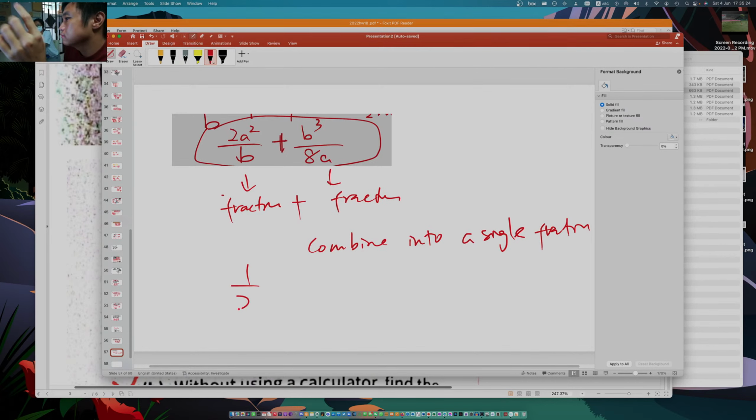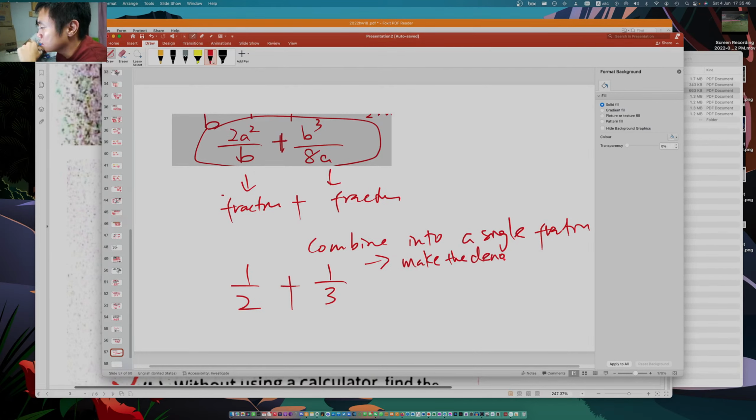So if I give you half plus 1/3, I think you have no problem combining these two fractions, right? How? You make the denominator the same. Very good. That is the key word. That means the technique to combine into a single fraction question, the solution is make the denominator the same.